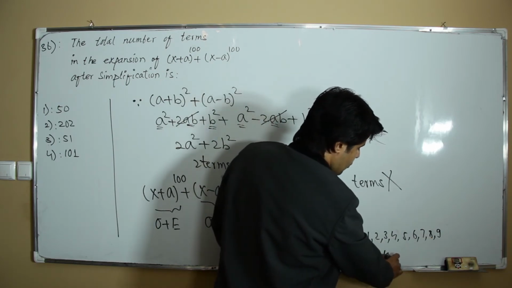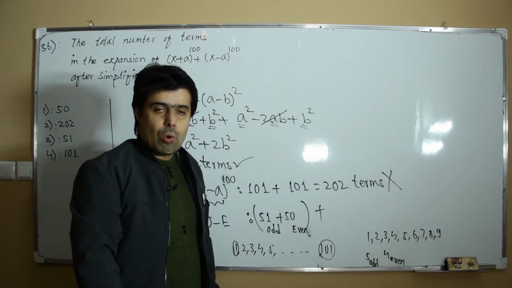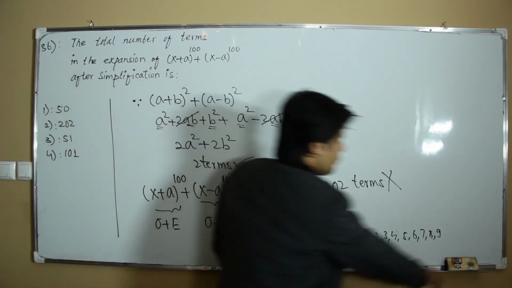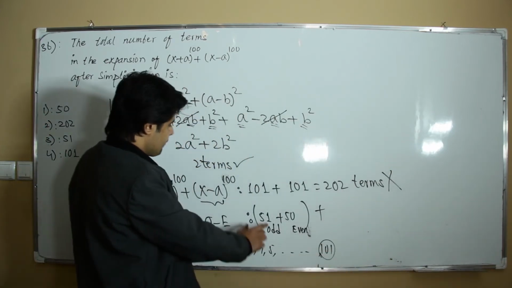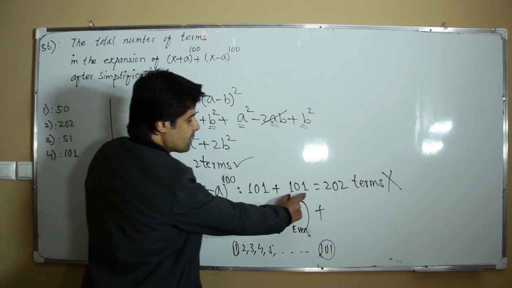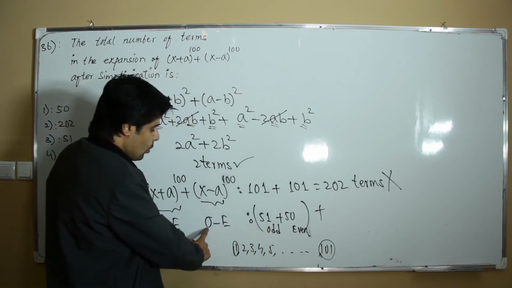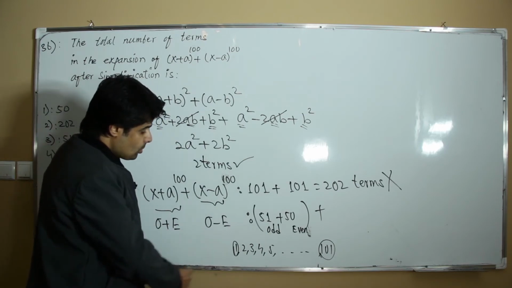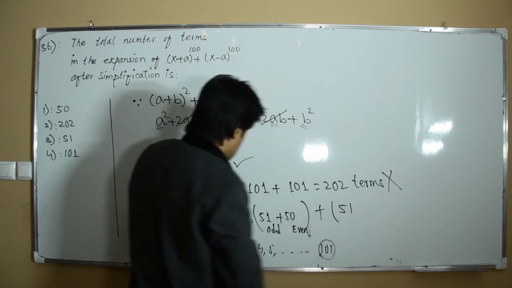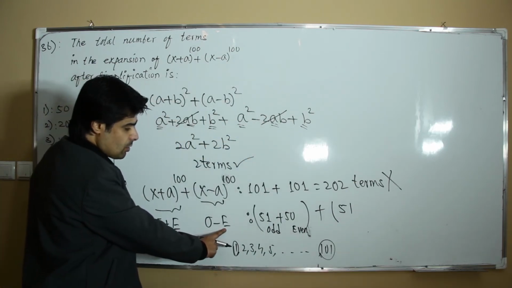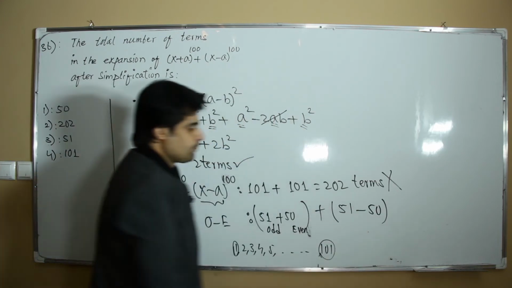We have 4 even terms and we have 5 odd terms. It means odd terms are more. So we can say in here, if this one has 101 terms, it consists of odd terms and even terms. Odd terms are more, which is 51, and even terms are less, which is 50.